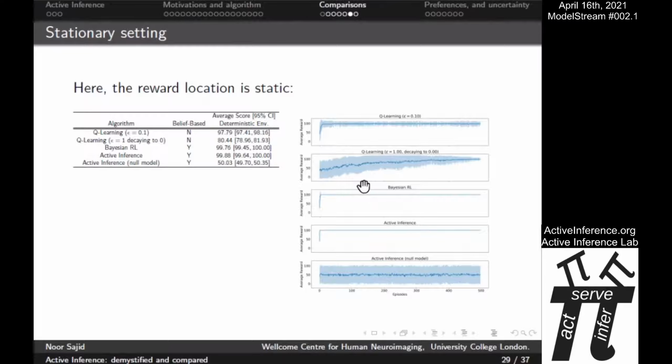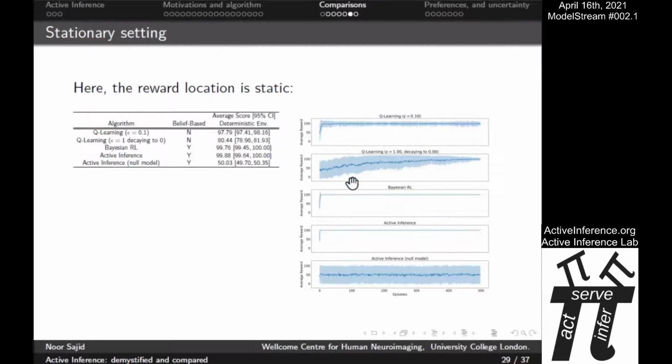The key thing to take away from here is that both the Bayesian RL and the active inference agents are able to quickly learn where the reward location is and just maximize it out. And this performance is consistent, denoted by the really tight confidence bounds that we see. In comparison, for the Q-learning agent with fixed exploration, it's fairly good and is able to learn where the reward is located, but there is some deviation denoted by that 10% chance of selecting a random action.